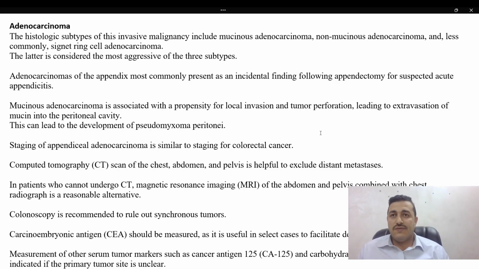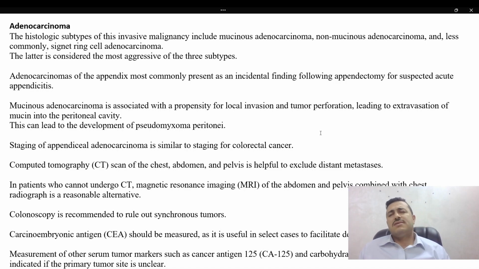The most important information is that if it is limited to the submucosa or mucosa, T1 well differentiated, appendectomy is enough. Otherwise, we proceed to right hemicolectomy.